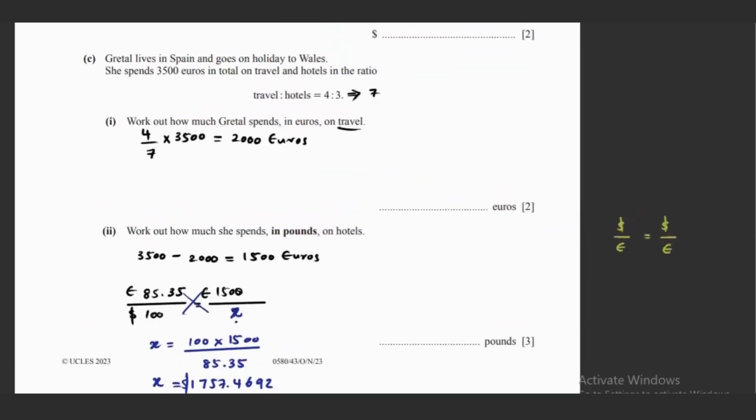So $100 is the same as 77.05 pounds. This is equal to, on the other side, the amount in dollars known to us, which is 1,757.4692 dollars. And I need to find how much this is in pounds, so I'll label this as Y, because that is what we are supposed to find.